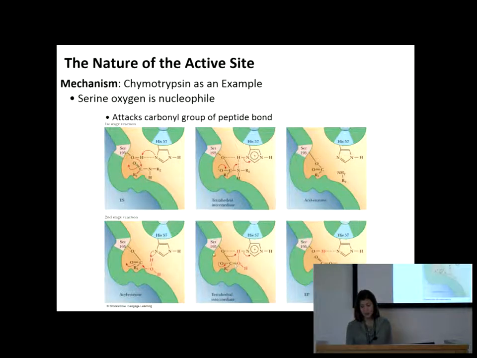Now this intermediate is unstable for the same reasons that the first intermediate is unstable. We have a lot of electronegativity around the carbon, especially because of the negative charge on the oxygen. So we're going to break the ester bond and make an acid, and we are left with our active site in the same way.